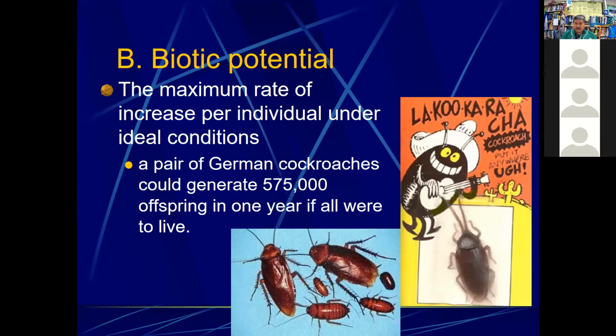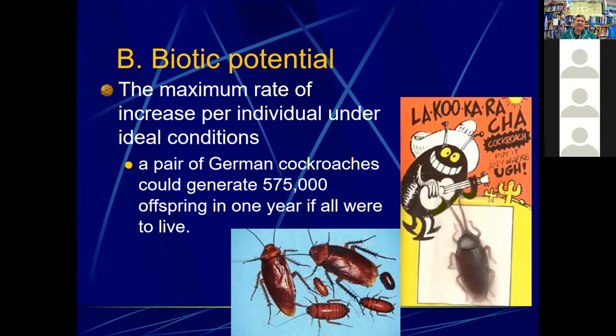A pair of German cockroaches could generate 575,000 offspring in 1 year if all were to survive, if all were to make it to adulthood. One male and one female cockroach would make almost 600,000 individual offspring.